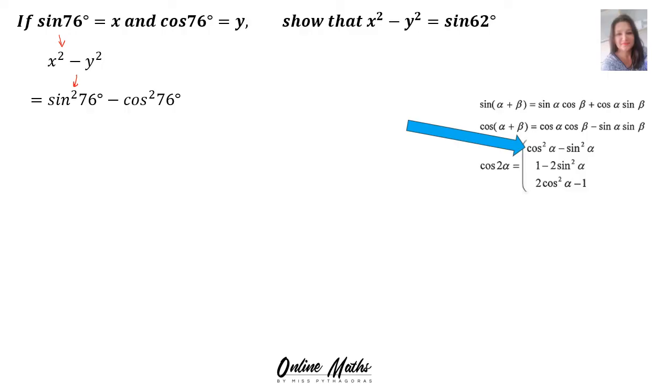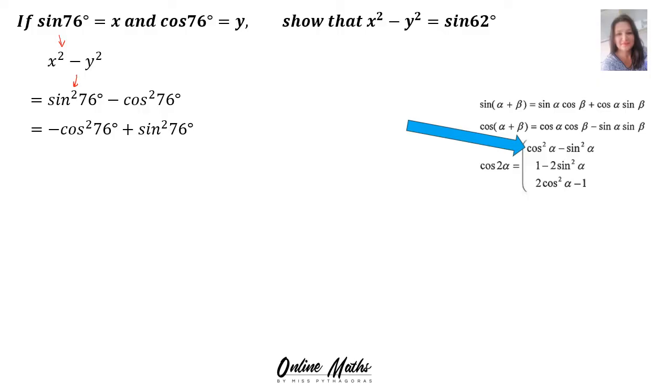Then that thing looks as if it is the double angle for cos. But you must be very careful. If you look there on the formula sheet, the double angle cos 2 alpha is cos squared alpha minus sin squared alpha. The cos is in front. So on the left-hand side, in your sum, you first have to rearrange your two terms. In other words, you write cos squared first plus the sin squared 76.